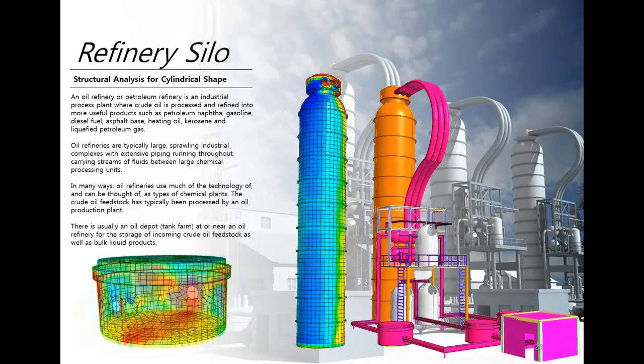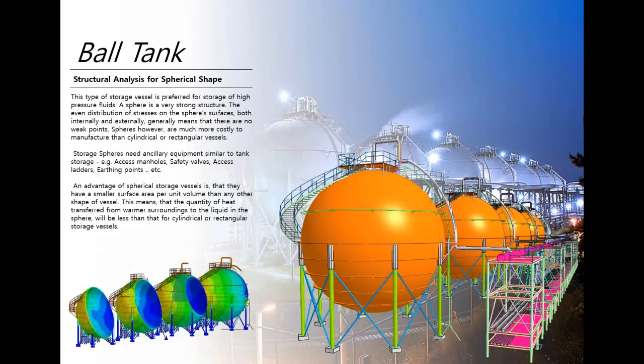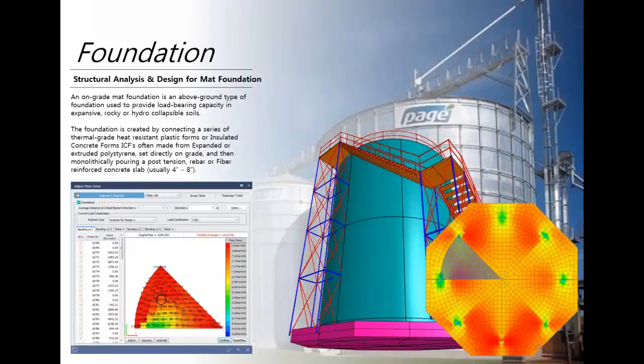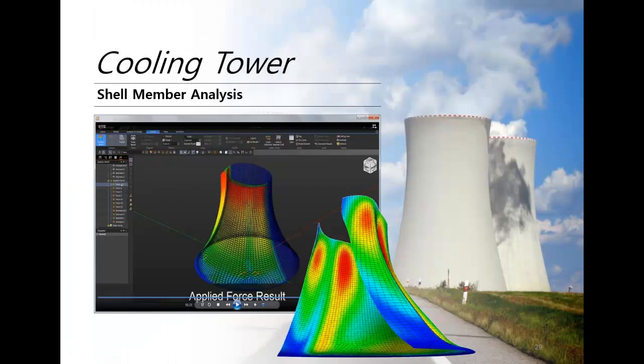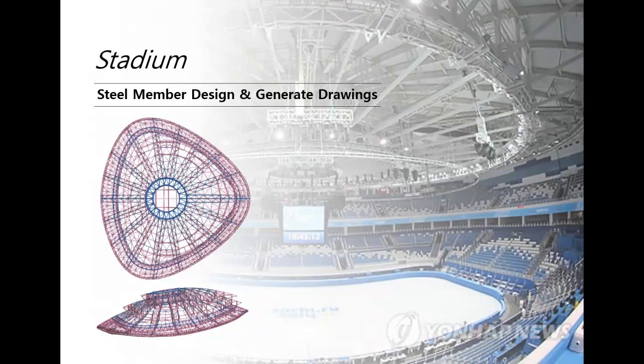Ball tanks: we have really good wizards in MIDAS nGen that can easily create such complicated structures. Tanks with large foundations can also be analyzed and designed. When it comes to shell member analysis like a cooling tower, go ahead, download MIDAS nGen. And you can also use it for steel members and pylon towers.